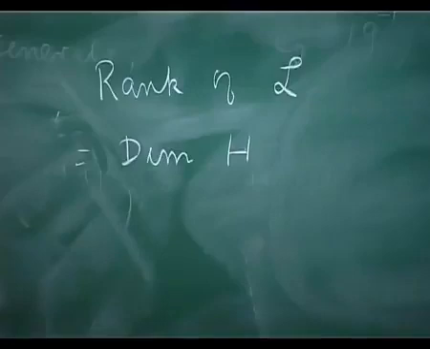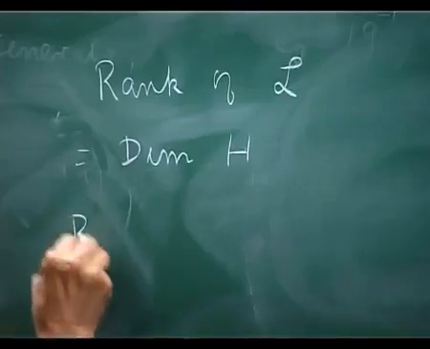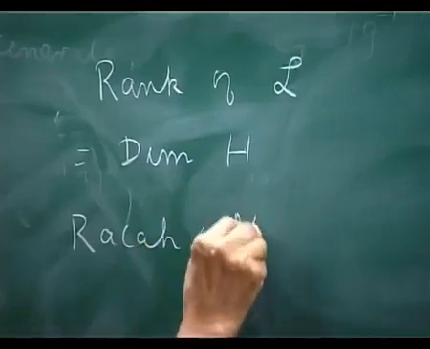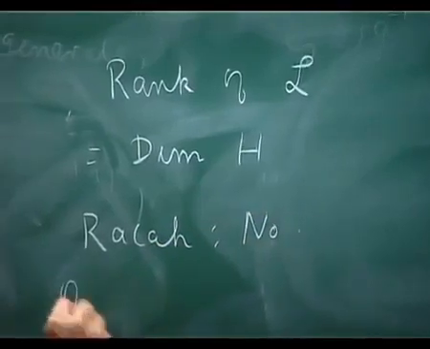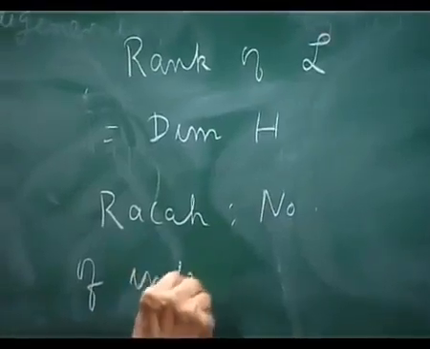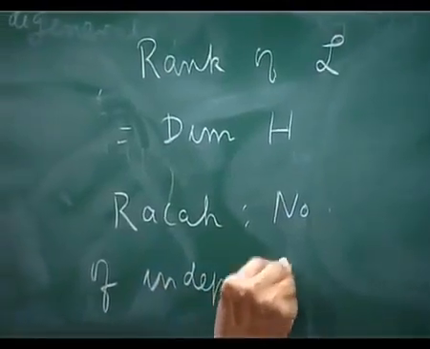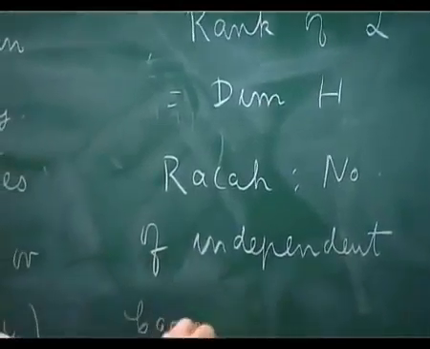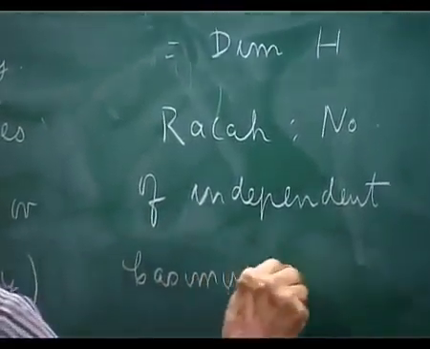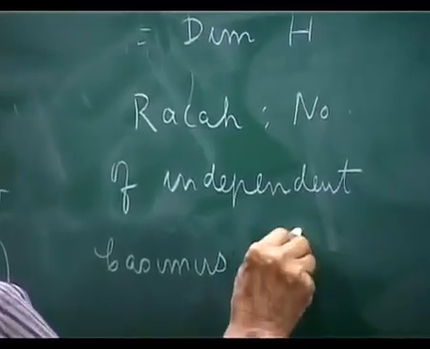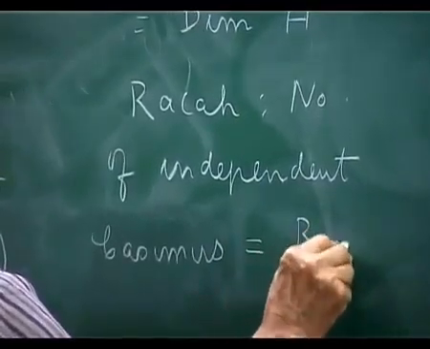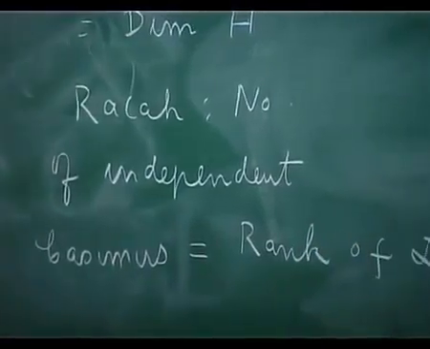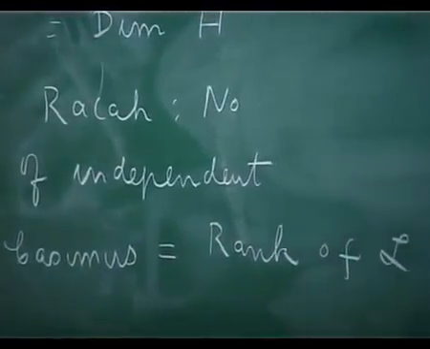And it is a theorem, not easy to prove, by Racah: the number of independent Casimirs is equal to the rank of L.